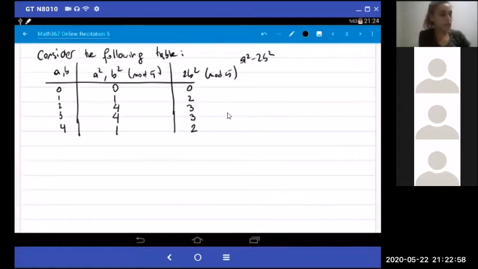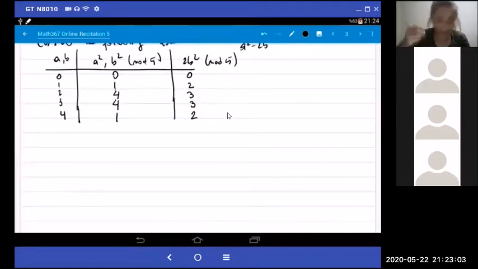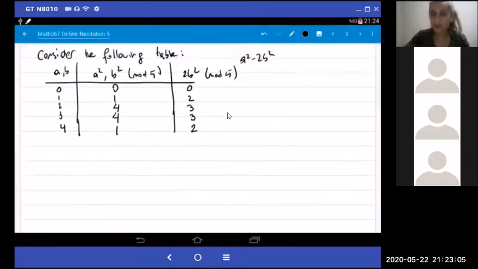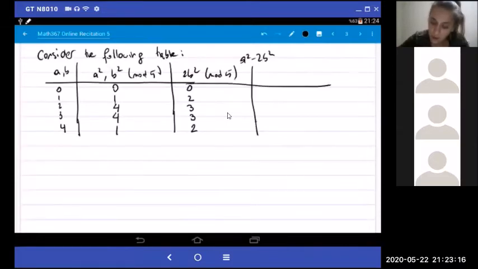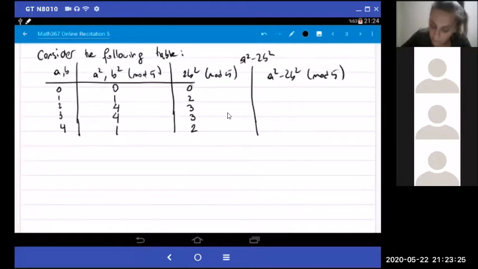Now, as you can see, a² − 2b² is divisible by 5 if and only if we apply this here. Let me write it here: a² − 2b² modulo 5. This is 0 from the first line, and from the second one, this is 4.